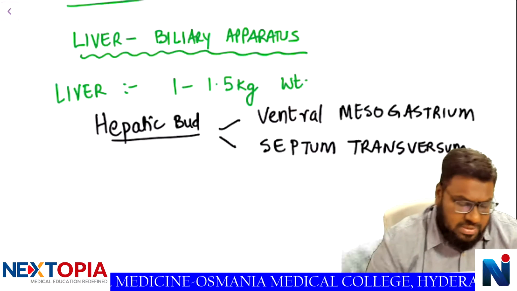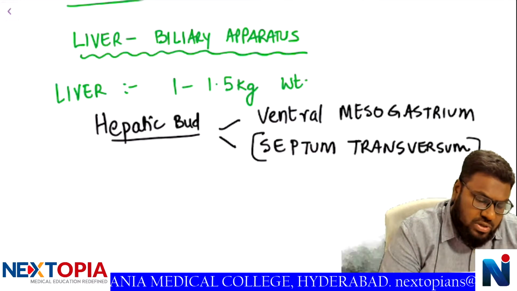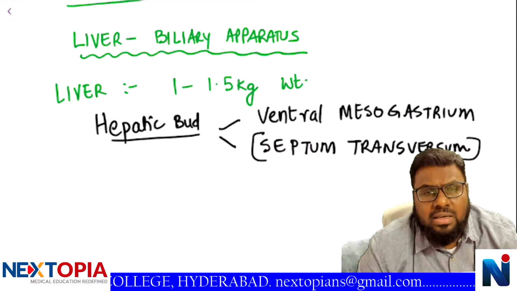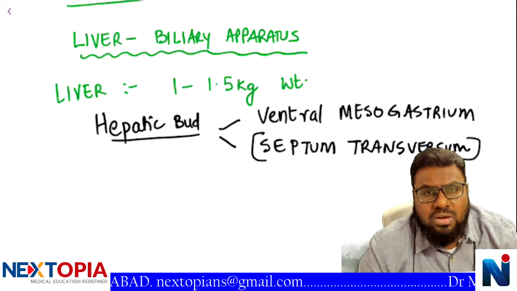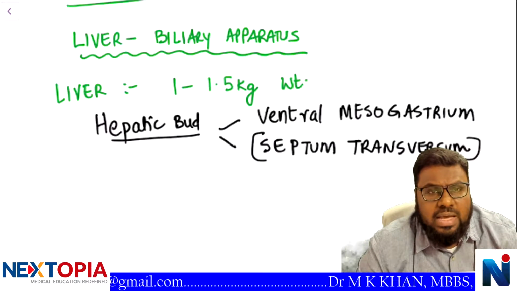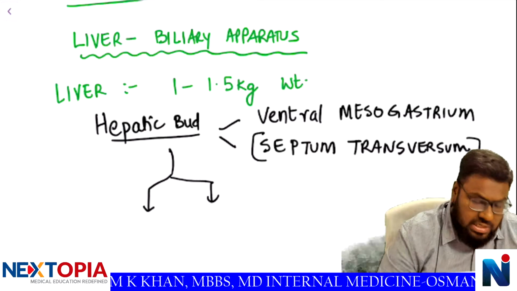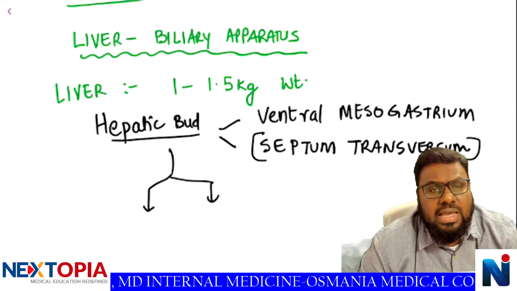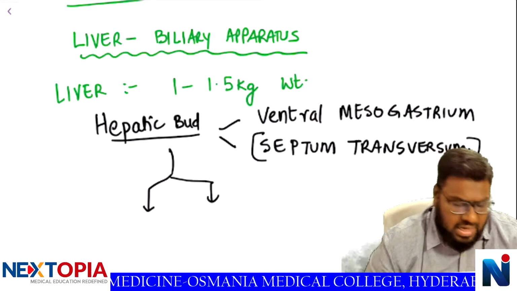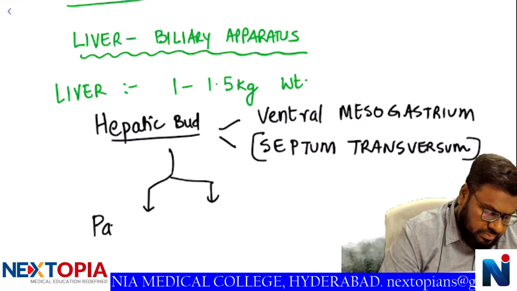This septum transversum is actually a part of intraembryonic mesoderm, which is also growing along with the ventral mesogastrium. Now the hepatic bud starts dividing into pars hepatica and pars cystica.